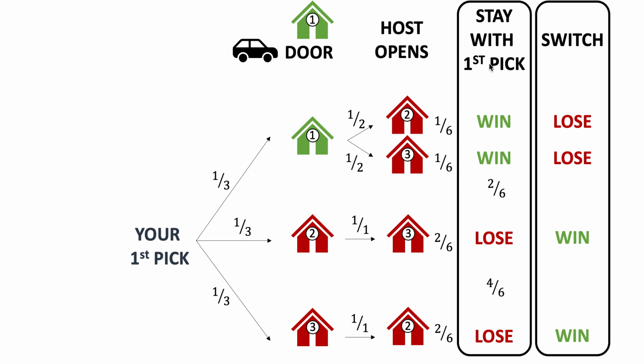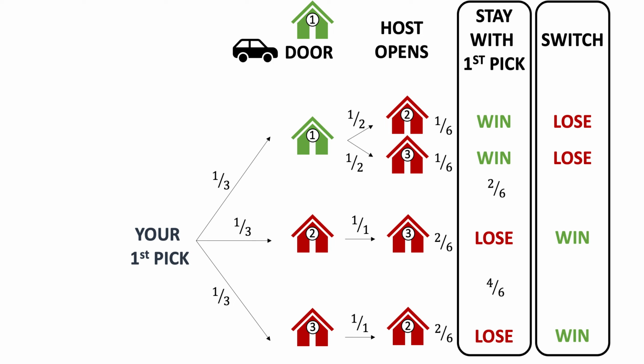Now the other side of this is, because we listed out the cases, we could easily see that if you switch, the probabilities remain the same, but it's just a different way of saying that if you switch, your probability of losing is 2 by 6, whereas your probability of winning is 4 out of 6. So it makes sense for you to switch and have a higher probability of winning.